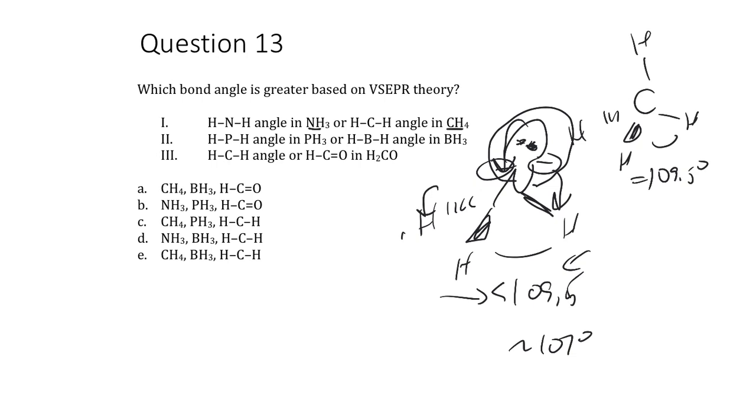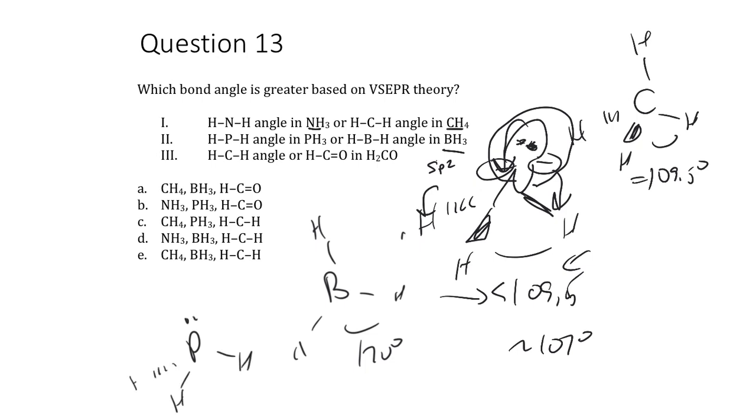PH3 versus BH3. BH3 is trigonal planar, sp2, so these are going to be perfectly 120. The HPH angle in PH3 is going to be closer to 109.5 and even less than 109.5. So the greater angle is going to be that in BH3.